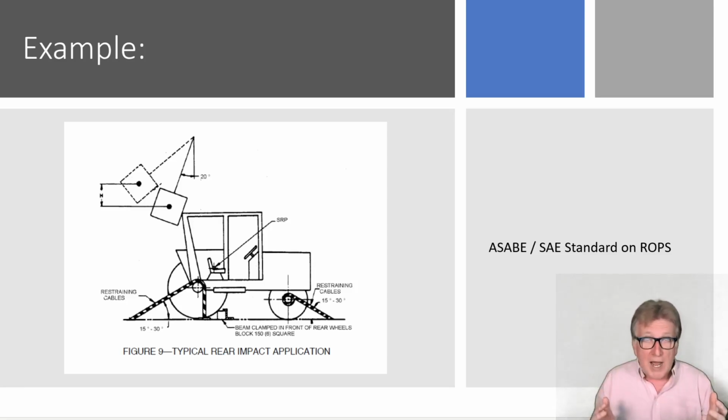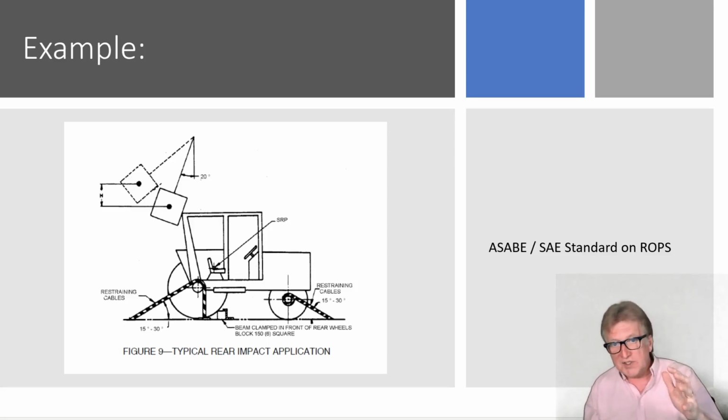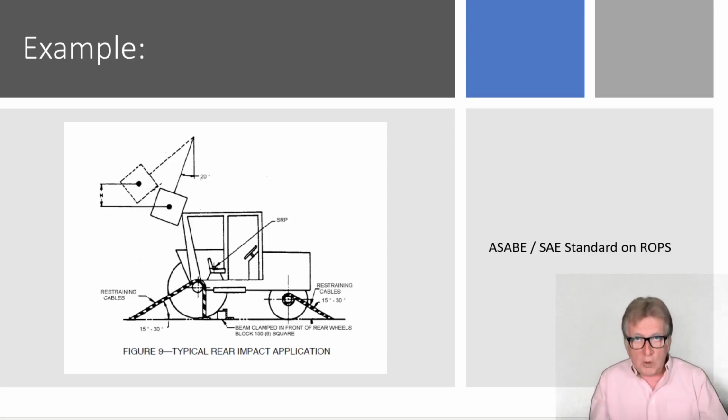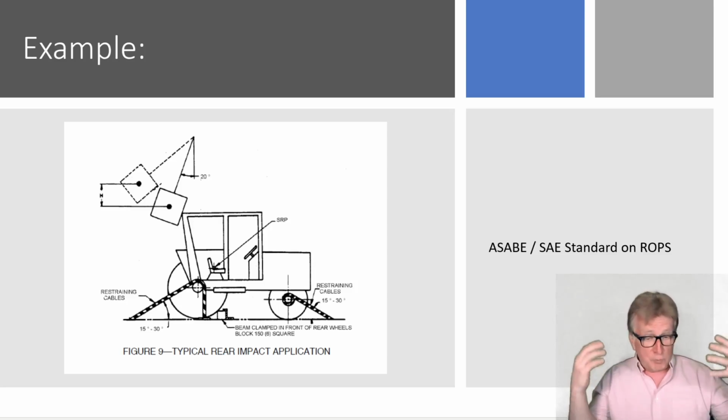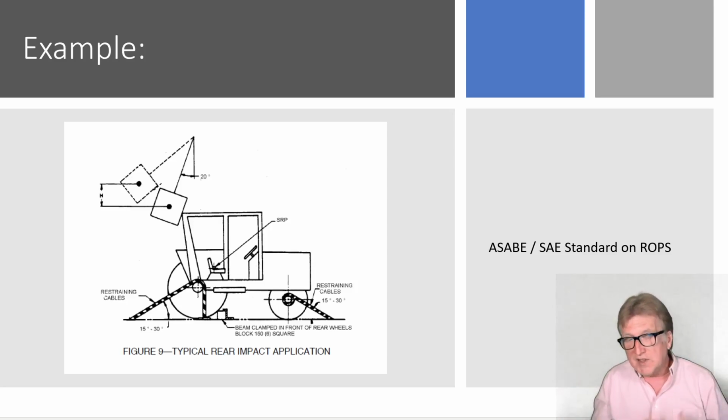You design the ROPS, or the rollover protective structure, and you install it on a tractor according to the standards and specifications. Then you put it in a building, and you have a really large weight suspended from the ceiling at a certain angle.